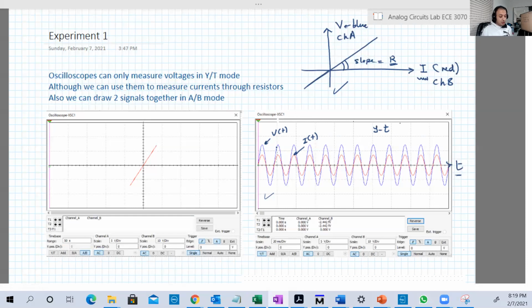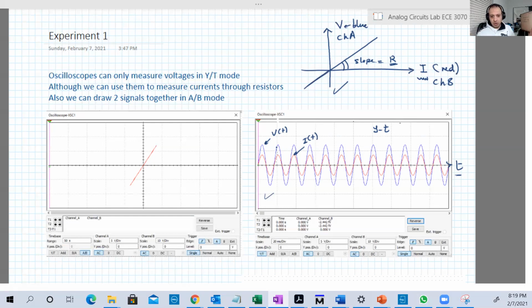It will draw the two signals versus each other. So, for example, you have two channels, channel 1 and channel 2. It will take channel 1 and draw it versus the input at channel 2. That's why it's called XY mode.